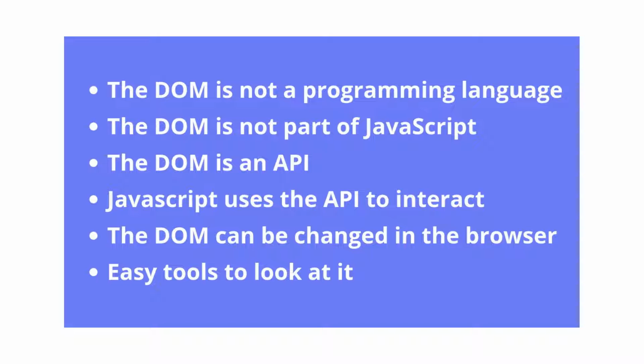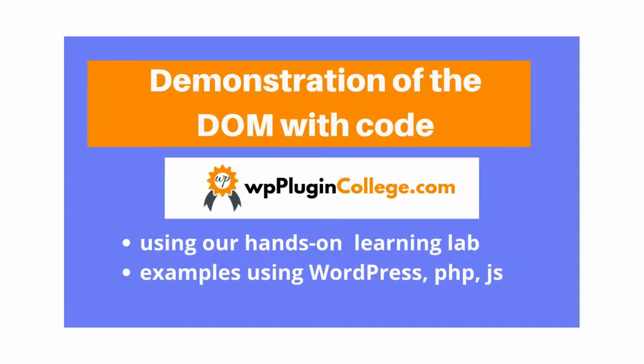And as I said, we're going to look at some tools. There are some things inside your browser itself that let you look at the DOM. And when events happen and JavaScript is running, you'll actually be able to see the changes to the DOM itself.